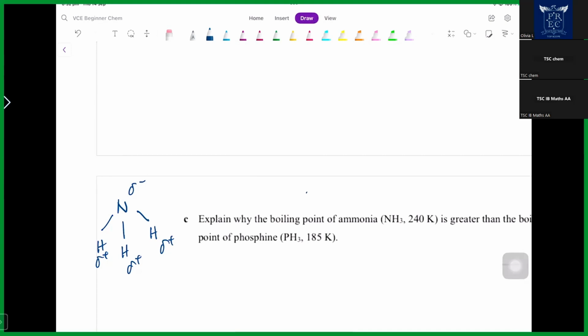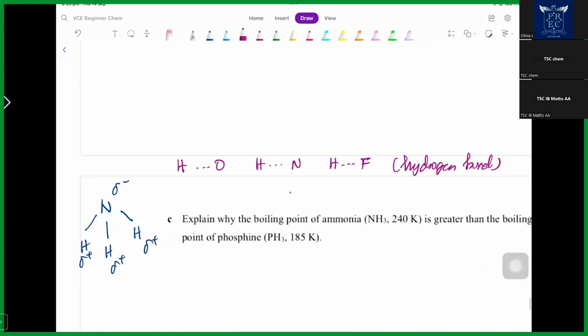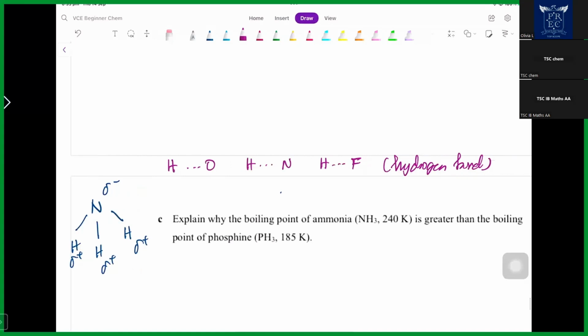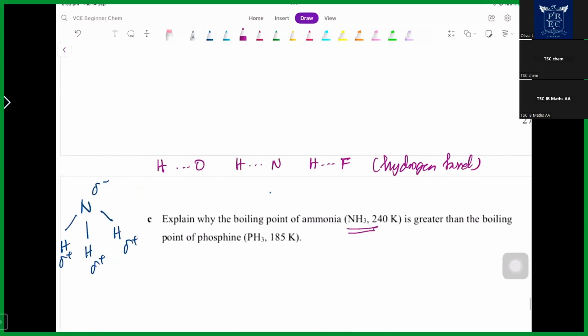So hydrogen bonding is formed between H and O, H and N, and H and F. That's the only thing. So in this case, only ammonia will form hydrogen bonding.